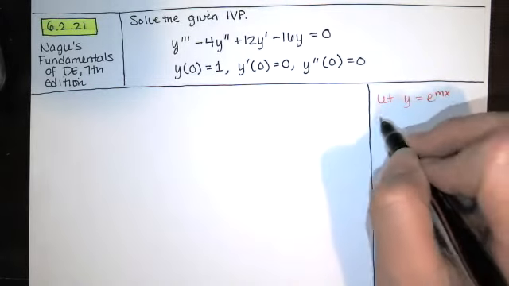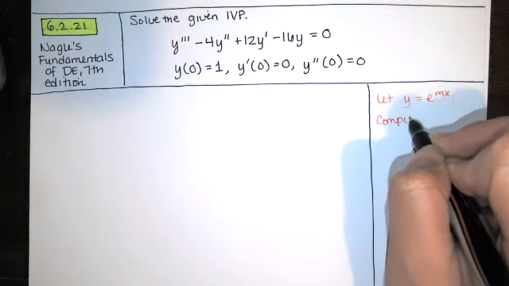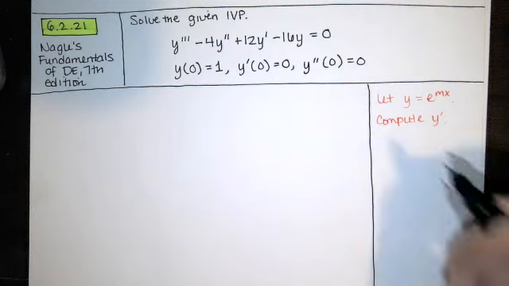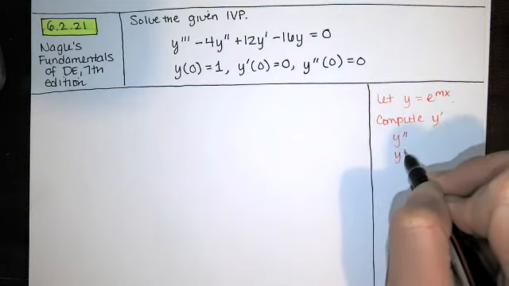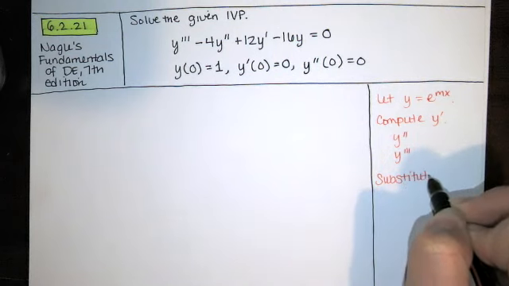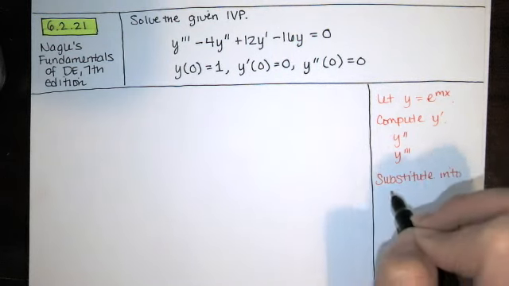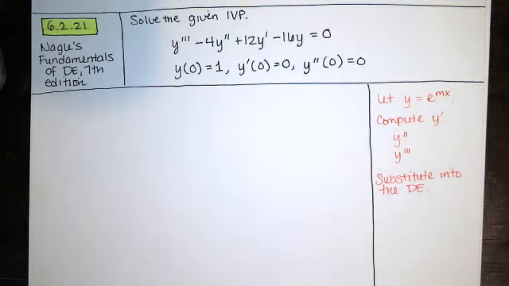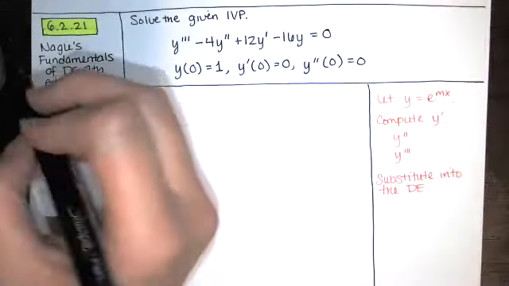Since it's a third order equation, we're going to compute y prime, and then y double prime, and y triple prime. And then we'll substitute those expressions into the differential equation, assuming that y equals e to the mx is a solution, and that will give us an equation that m must satisfy if y equals e to the mx actually is a solution.